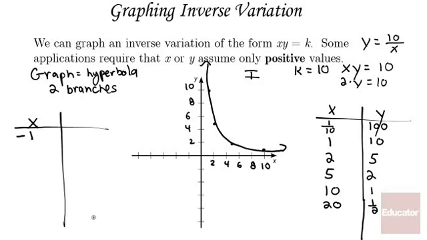Well, if x is -1, you can see that since k is a positive value, y is going to be a negative value, and it's actually going to be -10. If x is -2, y will be -5. If x is -5, let's see, so just working this one out.